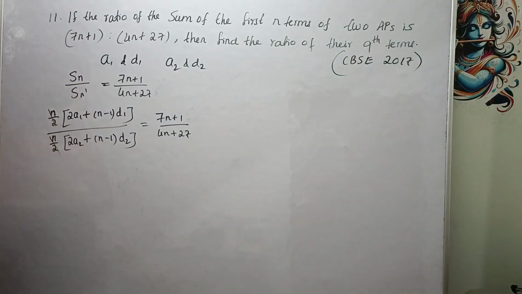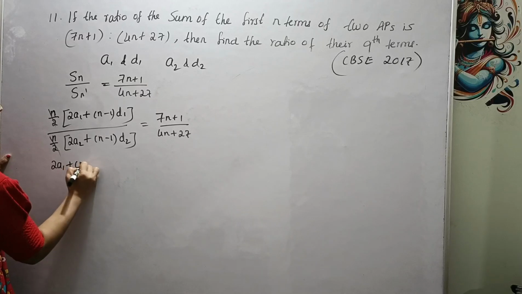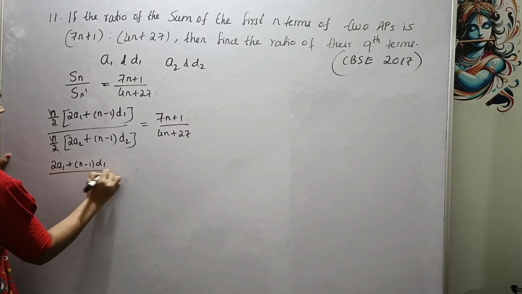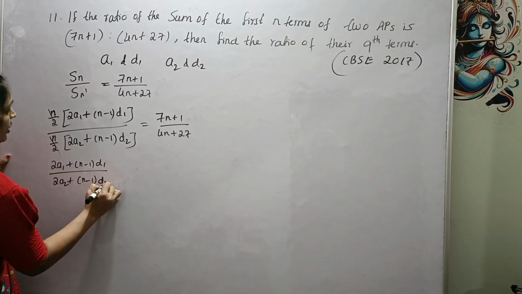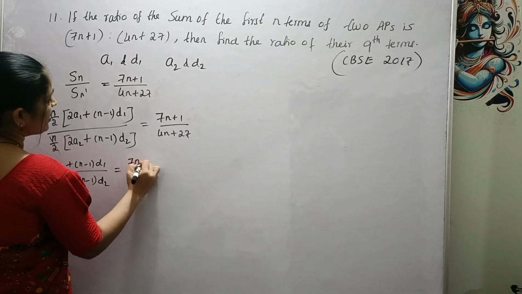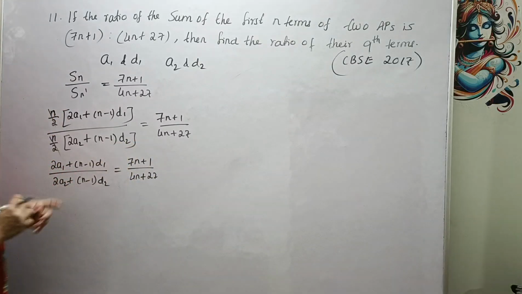Here the n by 2 cancels. Now we have 2a1 plus n minus 1 into d1 divided by 2a2 plus n minus 1 into d2, equal to 7n plus 1 divided by 4n plus 27.